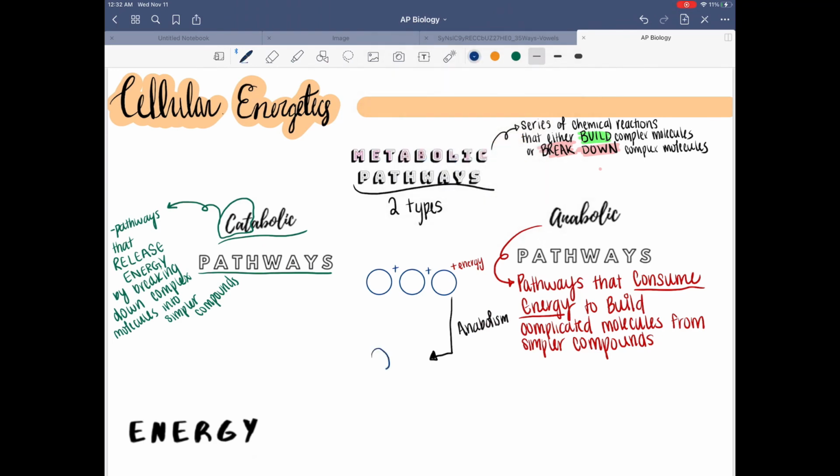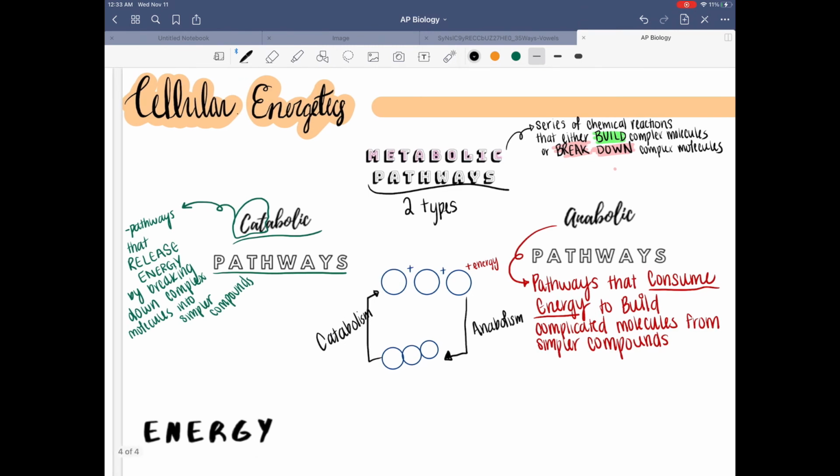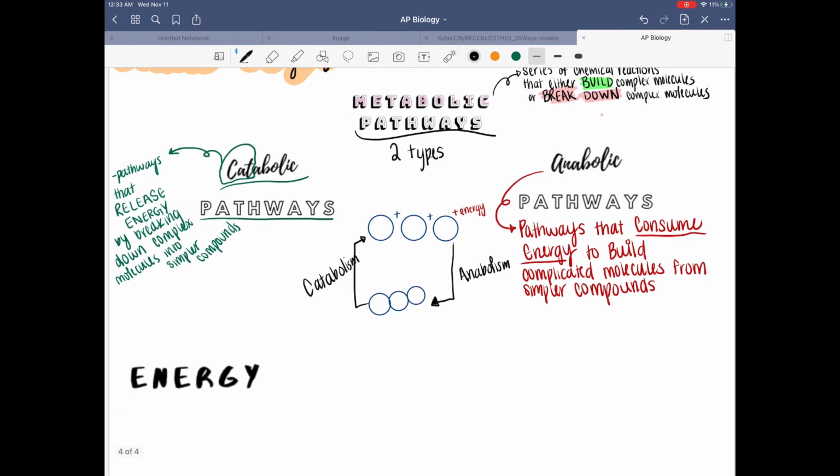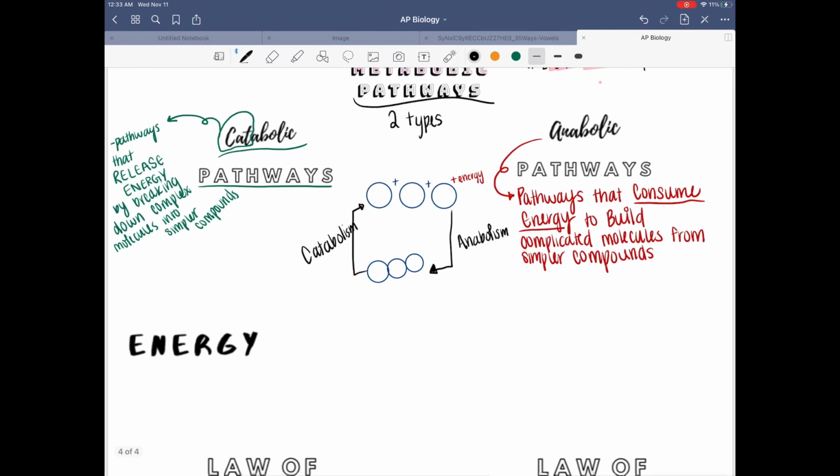Okay, we're taking simpler compounds and we're adding energy in order to build them together to make those bonds. And now if we went the other way, if we took those bonds and we broke those bonds and we basically broke down that complex molecule, that's catabolic. All right, so those are our two types of pathways.